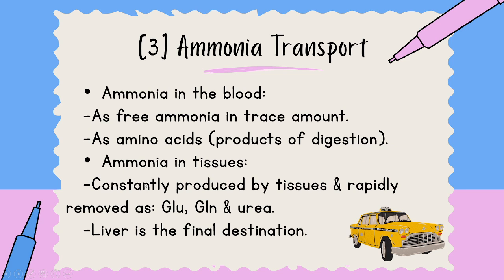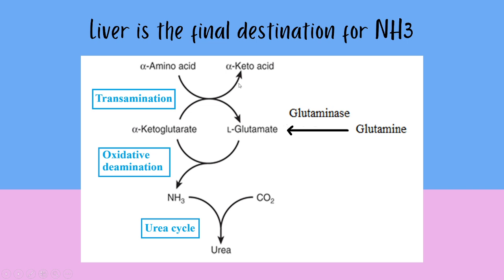In the tissues, ammonia is constantly produced and rapidly removed by our key amino acids, and finally incorporated into glutamine and urea as a detoxification form. The liver is the final destination for ammonia. So once ammonia is removed from the amino acid, it is going to be transported to the liver for detoxification.